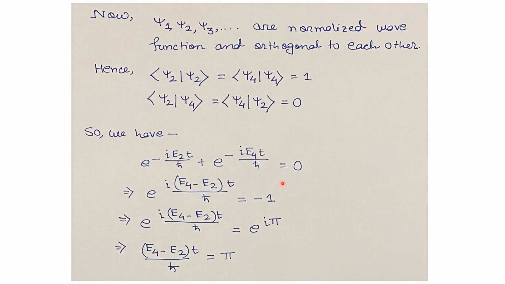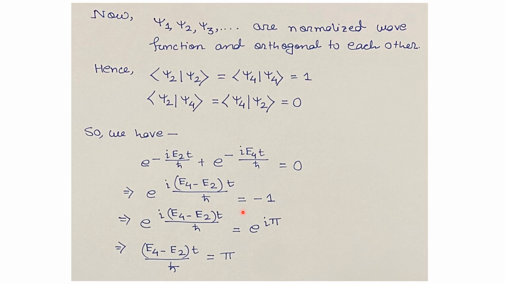Now we'll divide the whole equation by e to the power minus i E4 t by h cut. So basically it will give e to the power i (E4 minus E2) t by h cut plus 1. We'll take that plus 1 to the right hand side, so it will give this equation.